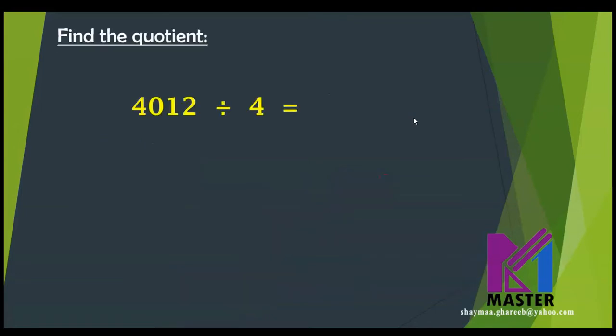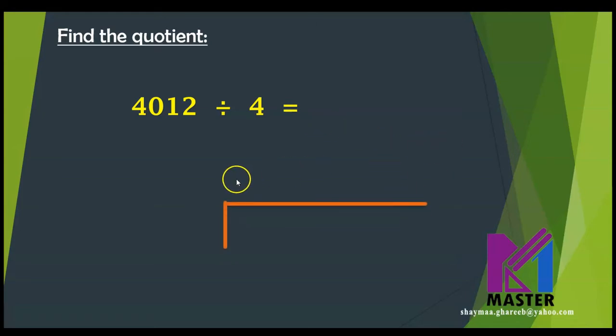Now, I want you to think of this example and try to do it by your own. Then, play the video and watch the steps. 4012 divided by 4. I will follow the same steps exactly.